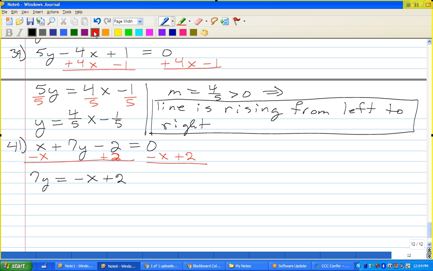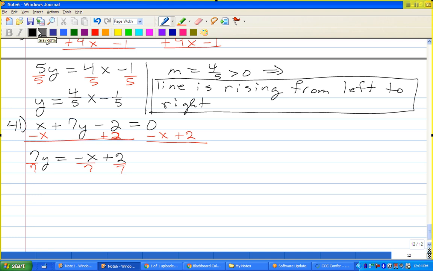Divide by 7. So it says that y is equal to negative 1/7 x plus 2/7. And so the slope is negative 1/7, which is less than 0.